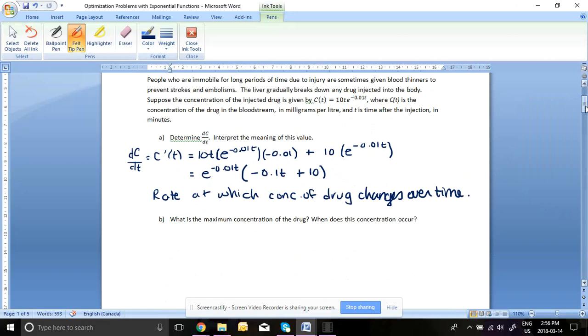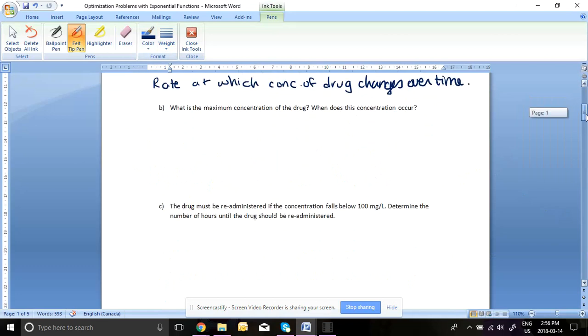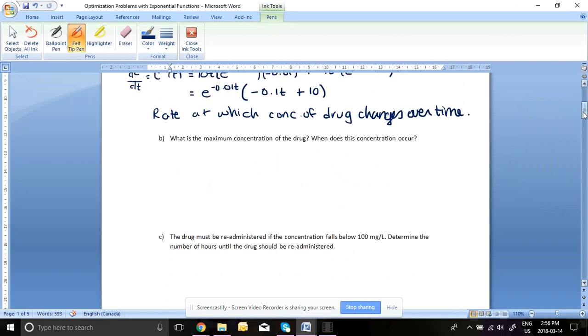What is the maximum concentration of the drug, and when does this concentration occur? This is the same as setting our derivative equal to 0. So we take our e^(-0.01t) times (-0.1t + 10) and set it equal to 0.